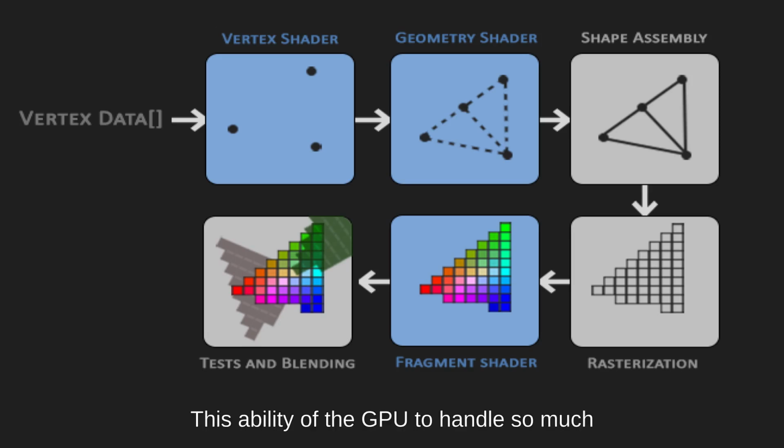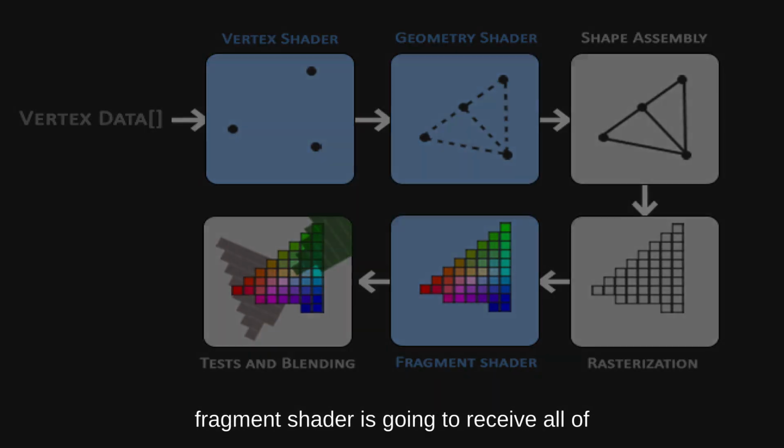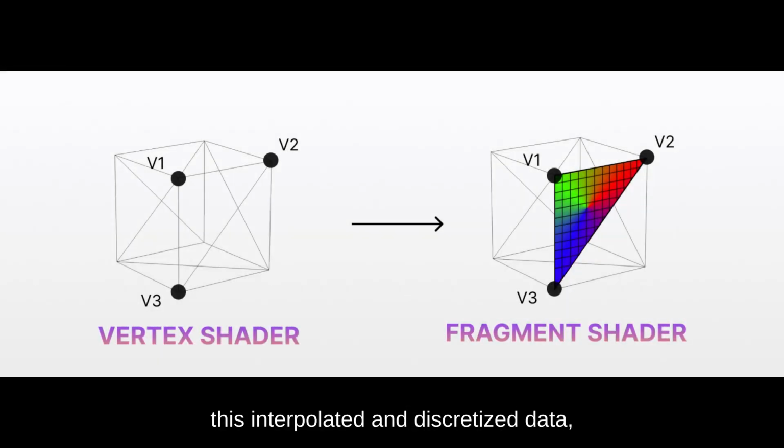This ability of the GPU to handle so much data in parallel is why they're ruining the world right now. Now, I'll talk about what the fragment shader does. The fragment shader is going to receive all of this interpolated and discretized data and decide how it wants that fragment to be colored in the final image based on this data.